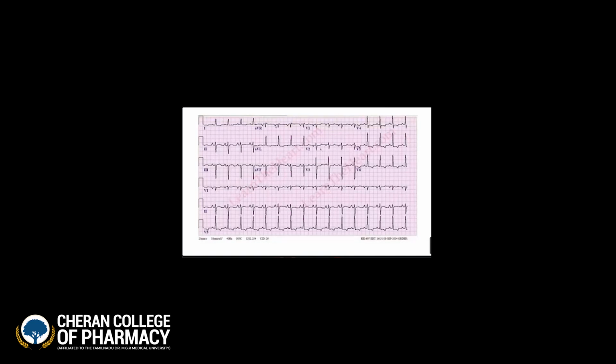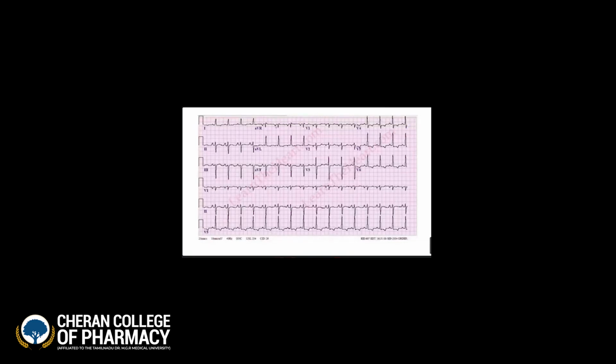Now, if the patient shows an irregular pattern, with the R waves irregular, how do we count the heart rate? If the ECG is diagnosed by the doctor and the RR interval is irregular, how do we calculate the heart rate?